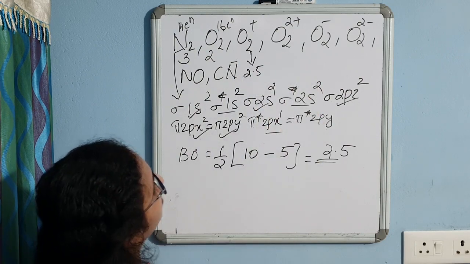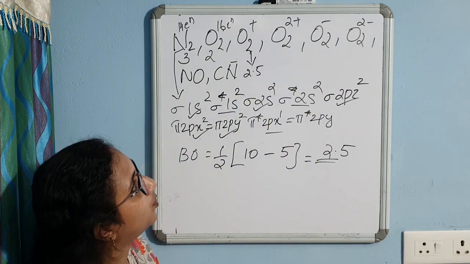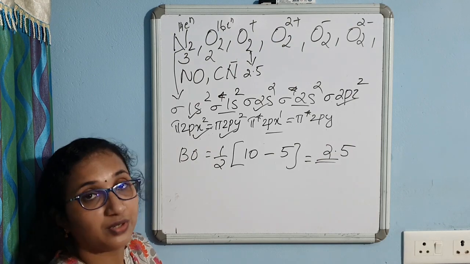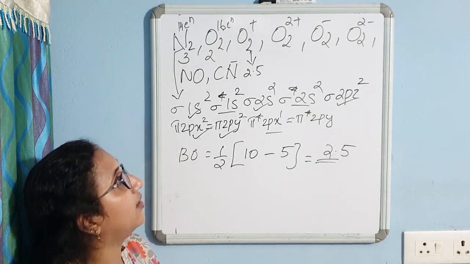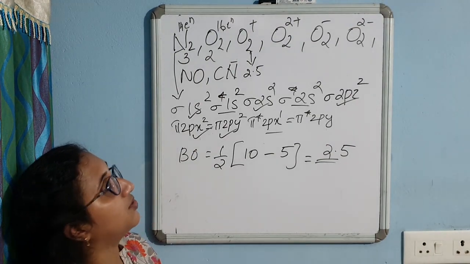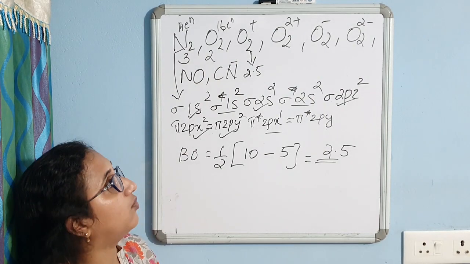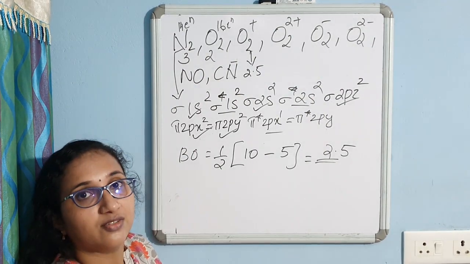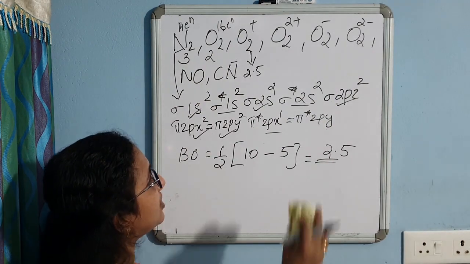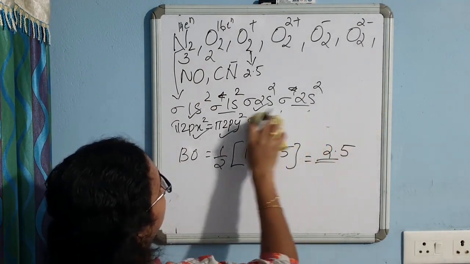Now O2 2 plus. O2 2 plus means it is a 14 electron system. Two electrons are lost from the oxygen molecule, so the total number of electrons now becomes 14. So 14 means the configuration itself will be changed.